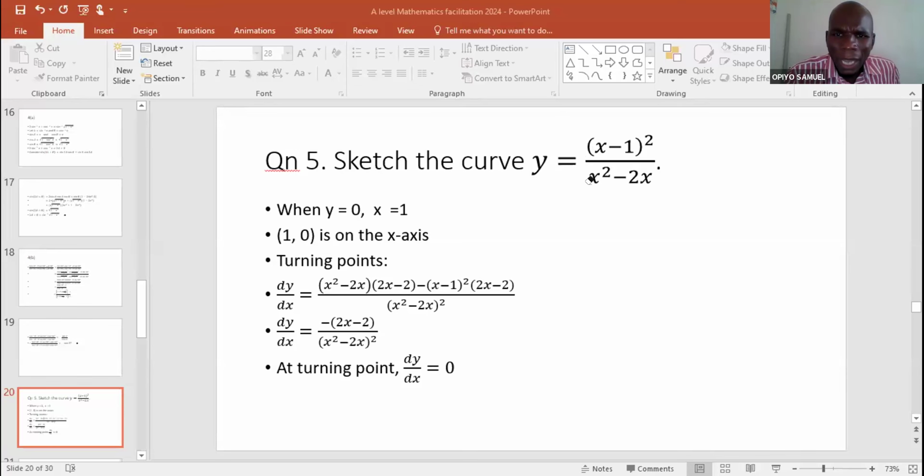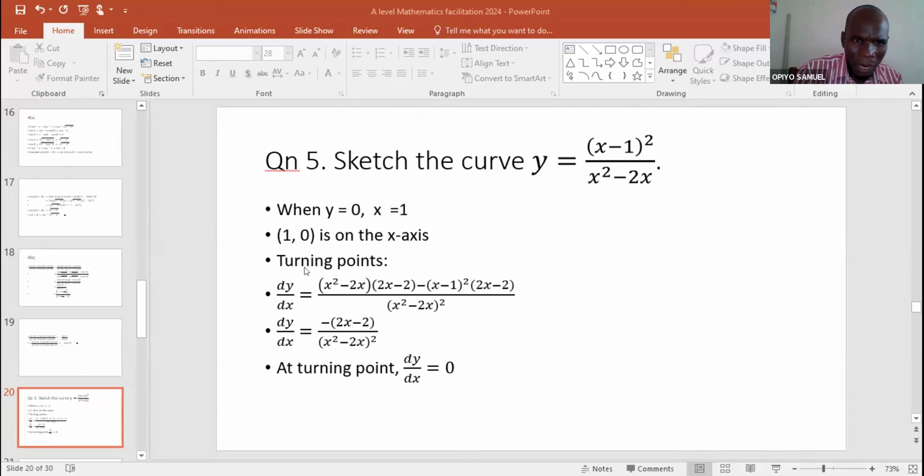But when you look at this function itself, y is not defined when x equal to 0. So the curve does not cut the y-axis.